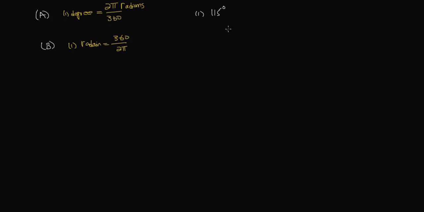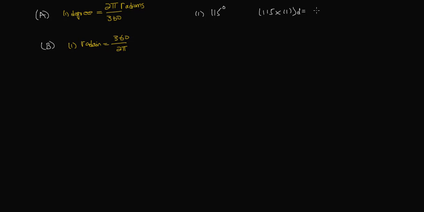So let's multiply both sides of it by 115 degrees. So 115 degrees times 1, that's not necessary, but for the sake of calculations we're going to assume that there's a 1.